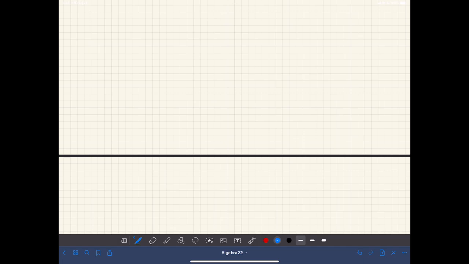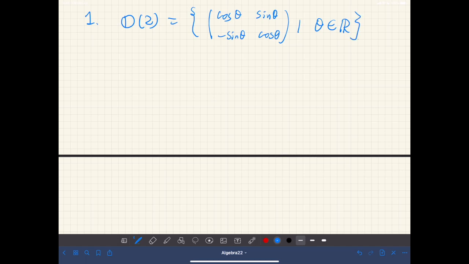Let's see a few more examples. The first example, not Q, but O. Let O of 2 denote the matrices of this form: cosine theta, sine theta, negative sine theta, and cosine theta, where theta is a real number.